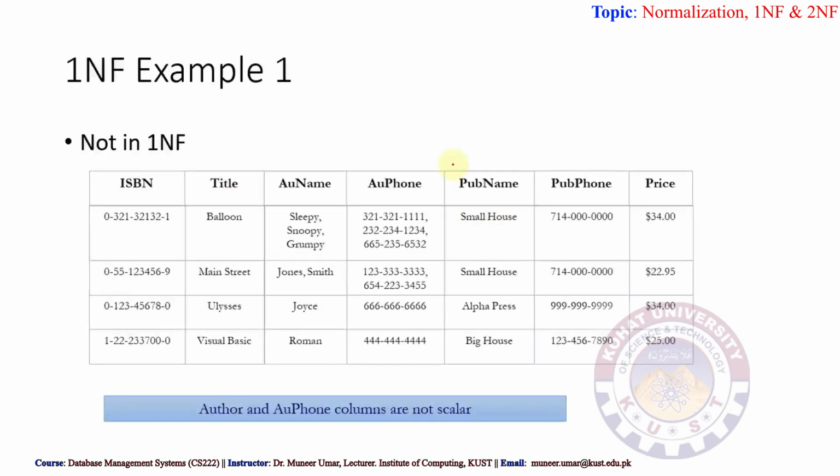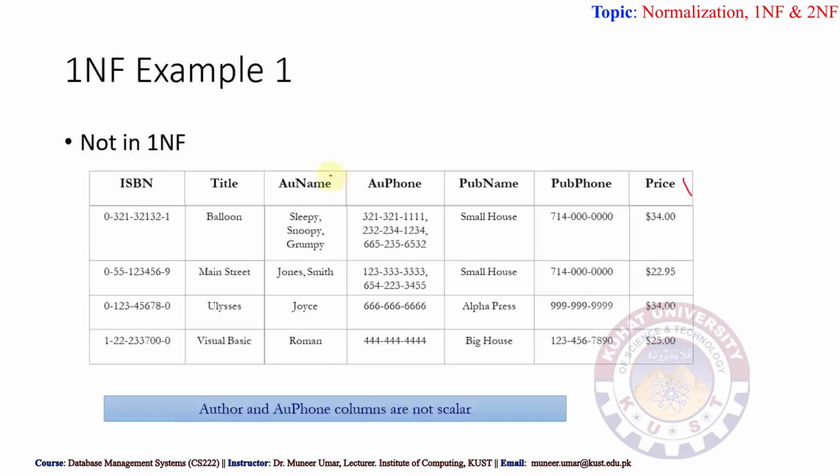Now we will study some examples and check why the tables are not in first normal form and how we can convert the unnormalized tables into first normal form tables. So this is the first table. It is about the record of books. Here we have ISBN, title of book, author name, author phone, publisher name, publisher phone, and price of book.